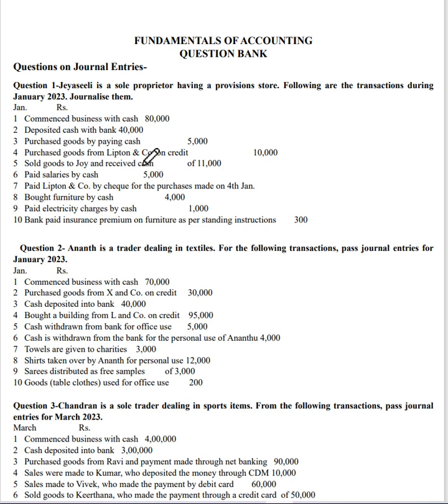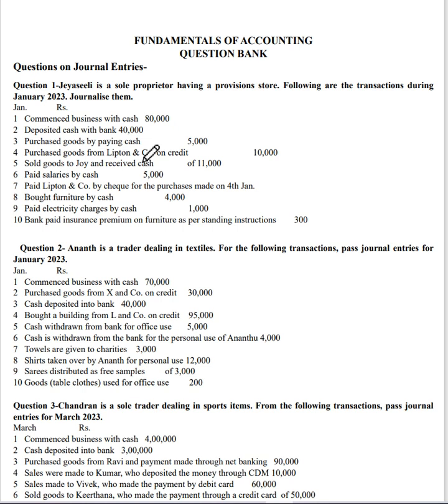If we have purchased goods on credit or sold goods on credit, we have to take the name of that artificial person or natural person, not the cash. So here two items are the purchase account and Lipton and Company. What should be debited and what should be credited?